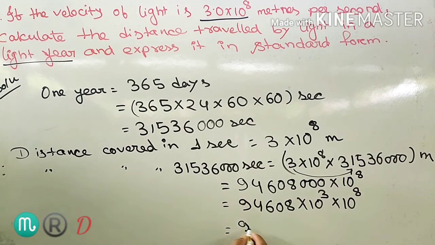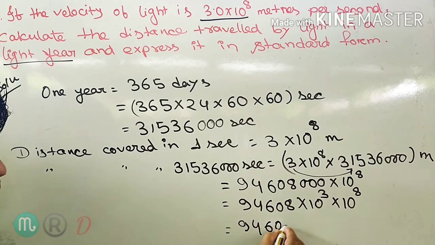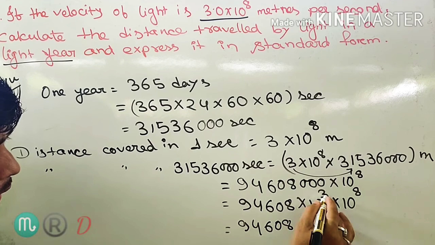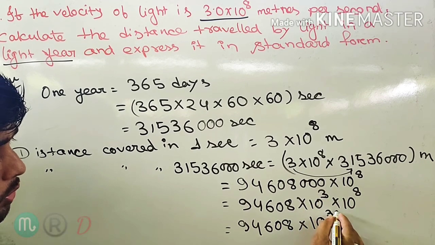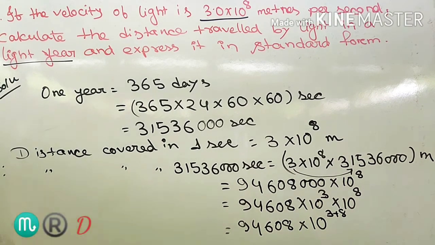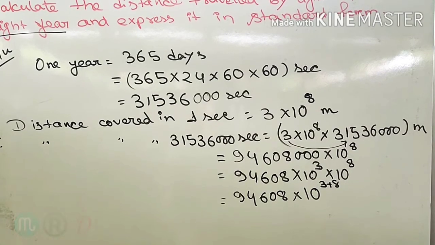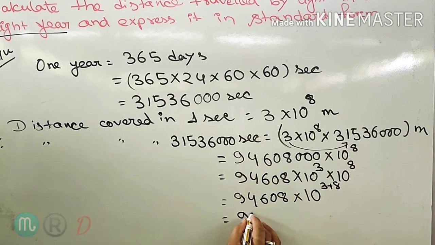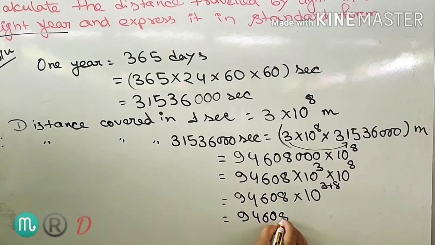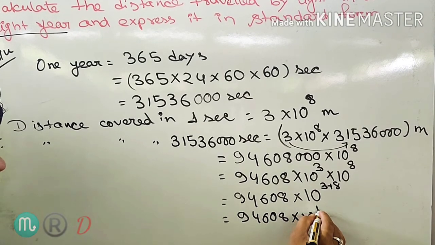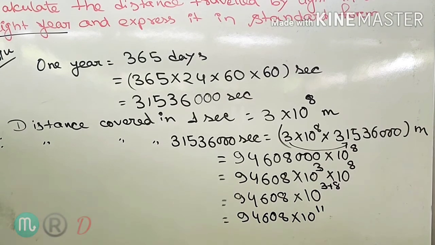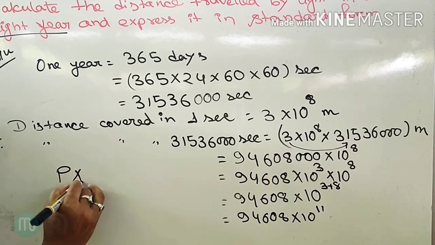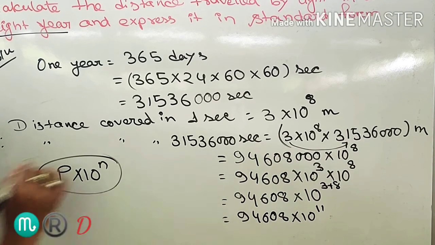Now look, you are getting 94608 into a to the power m into a to the power n, that is a to the power m plus n. So 3 plus 8. Next line, you'll get 94608 into 10 to the power 3 plus 8, 11. So it is in the form p into 10 to the power n, which is the standard form.